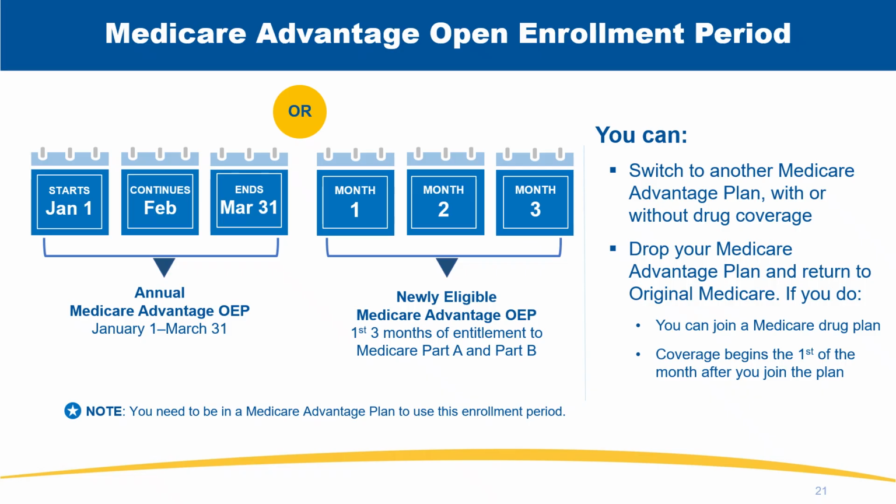You do not have to use the yearly open enrollment period, which is October 15th through December the 7th. You can utilize this period if you're already enrolled into a Medicare Advantage plan. The difference is the start date. If you use the yearly enrollment period, it will begin the first of the following year. If you utilize this period, it will begin the first of the following month.